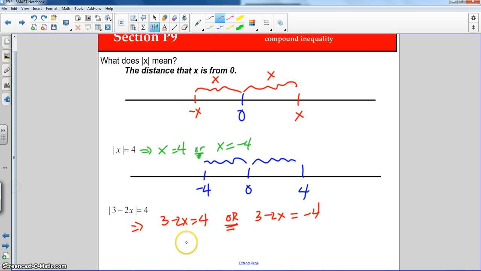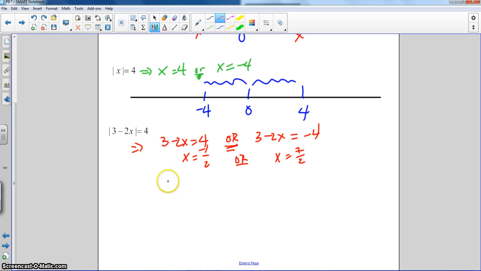And then you can go ahead and solve this, and let's see, what do I get here? x is minus 1 half. And then over here, I'd get x is positive 7 halves. Okay, so again, just going through that algebra. And so here what we would say is the solution set is minus 1 half and 7 halves.